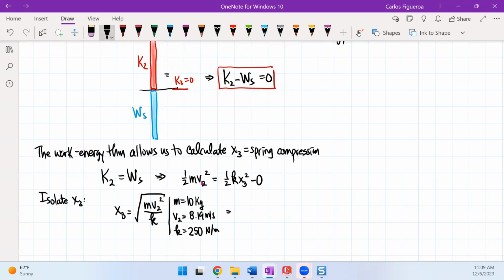So if I plug in these values, I get 10 kilograms times the speed squared divided by the spring constant. And that gives me 1.64 meters for my compression distance.